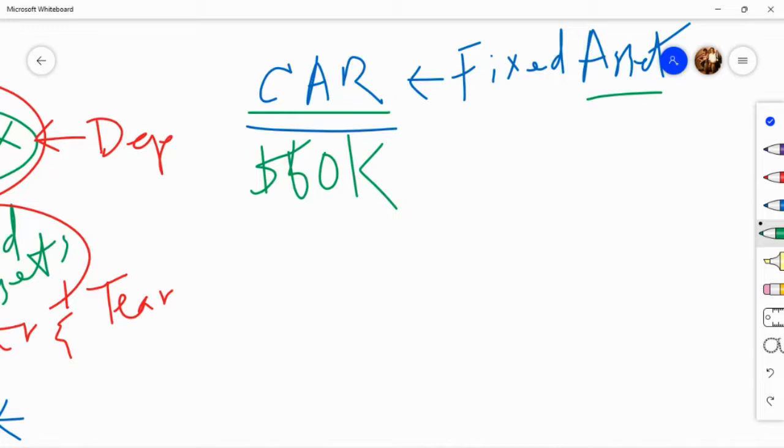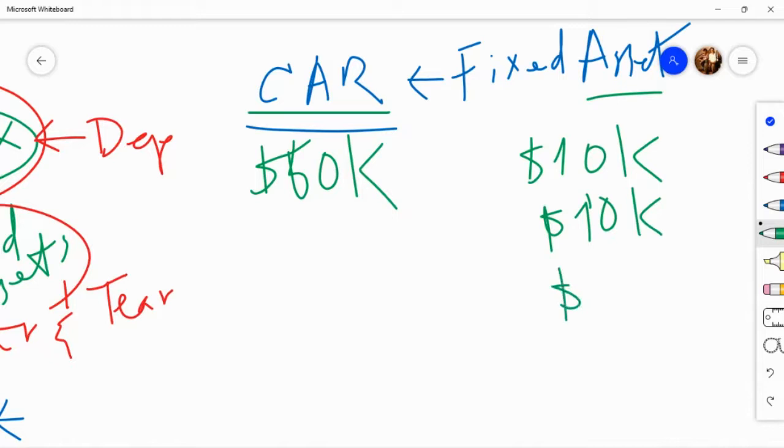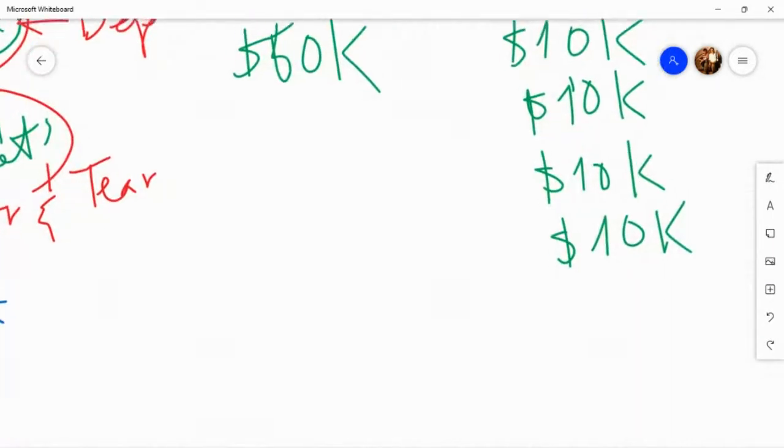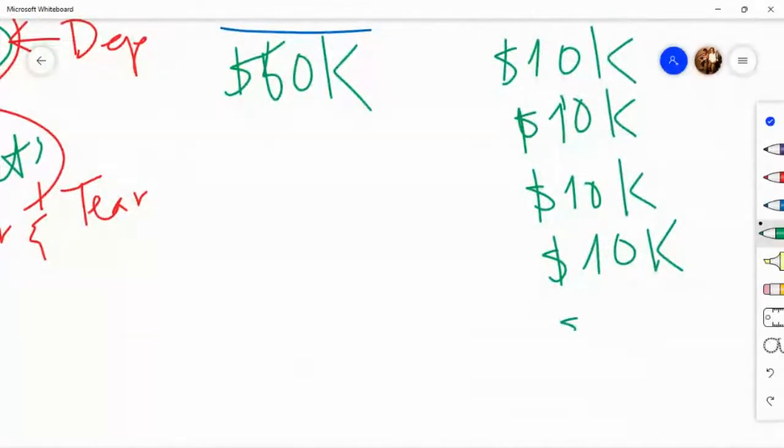Every year, the company is paying, let's say, $10,000, 10K, to use this car for 5 years. Then for 5 years, there will be 5 of these 10K payments. These are basically the expenses that the company incurs.